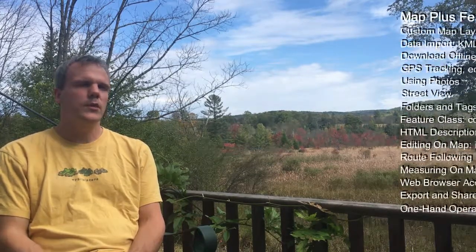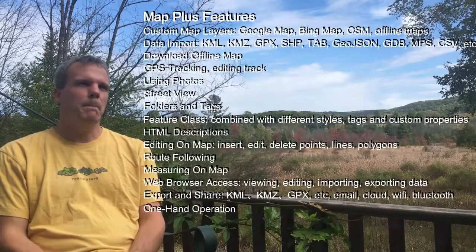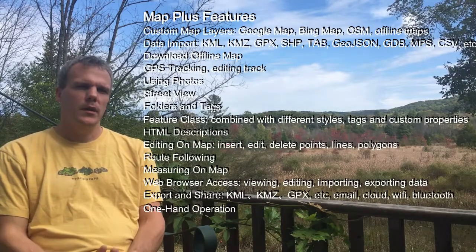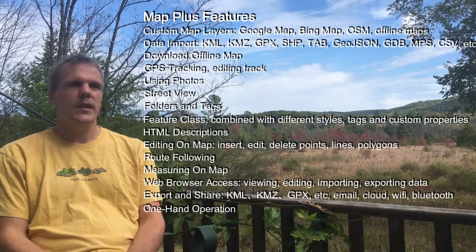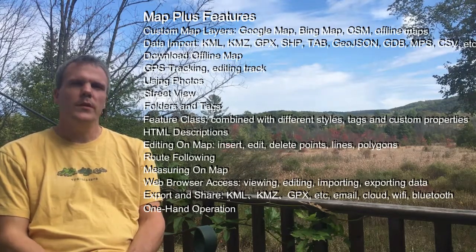It's a program called MapPlus, and it is by far the best app for not only navigating in the woods, but also making amazing, detailed documentation of stuff in the woods and sending that information very easily to people that need it the most.